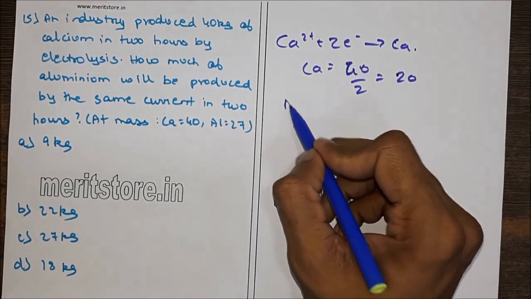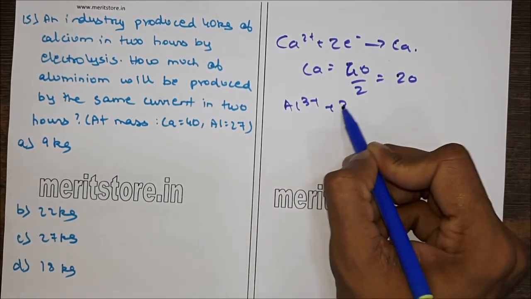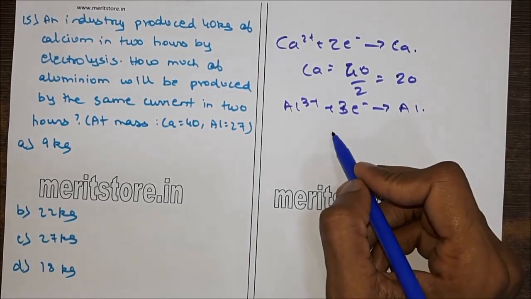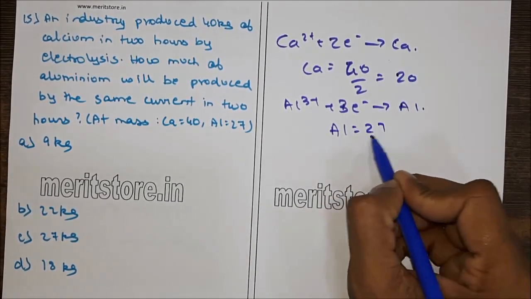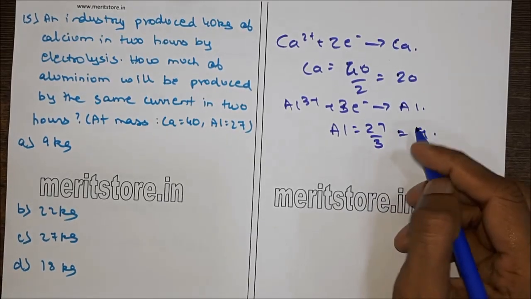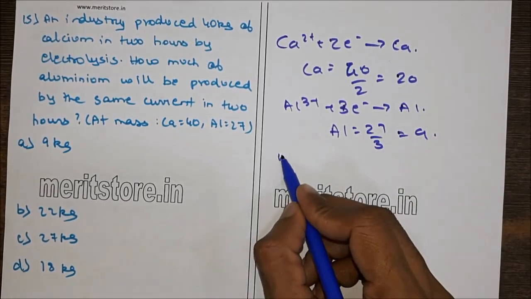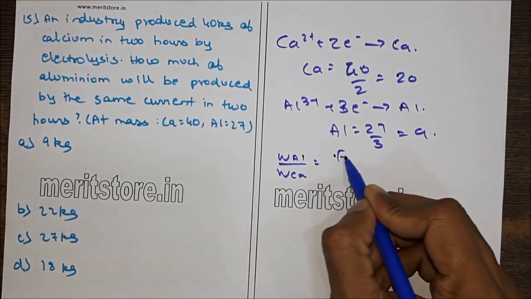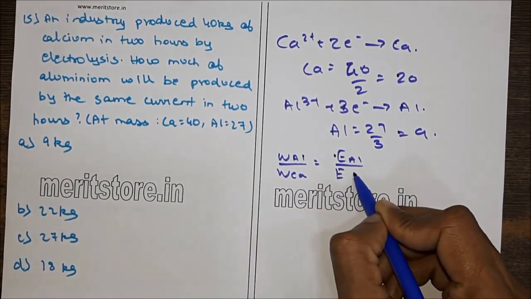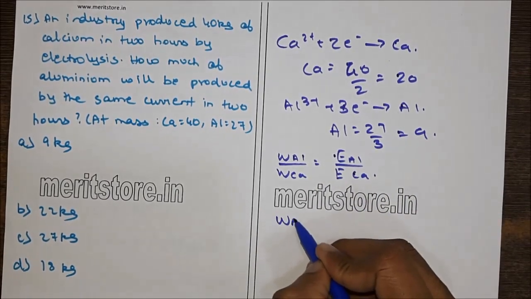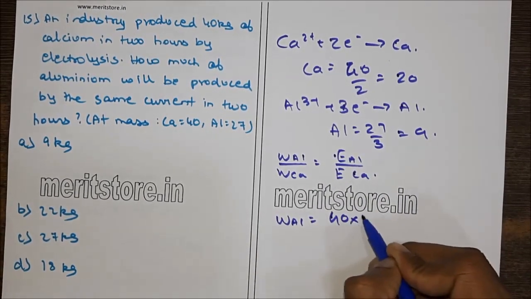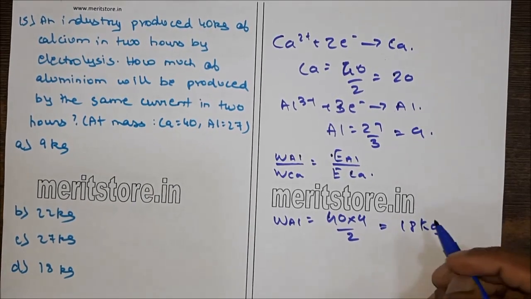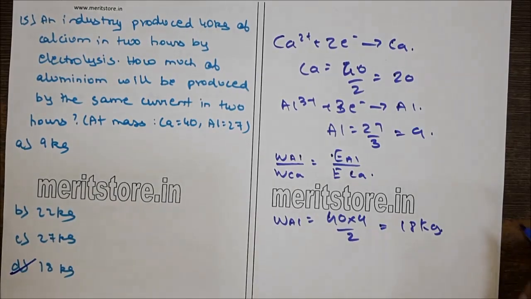For aluminium, the equivalent mass is 27 by 3, which is equal to 9. So according to Faraday's second law of electrolysis, we have W of Al upon W of Ca equal to E of Al upon E of Ca. So W of Al is equal to 40 into 9 upon 20, which we get as 18 kg, which matches option D. Therefore, option D is the correct answer.